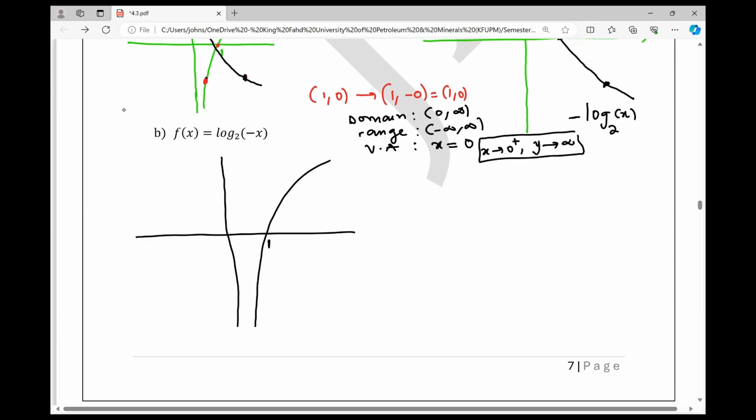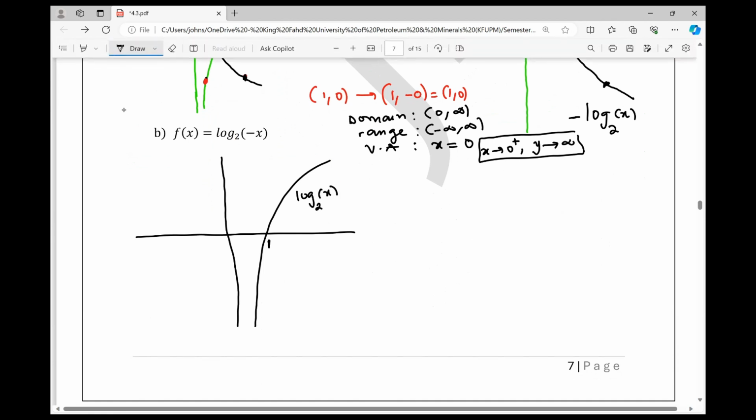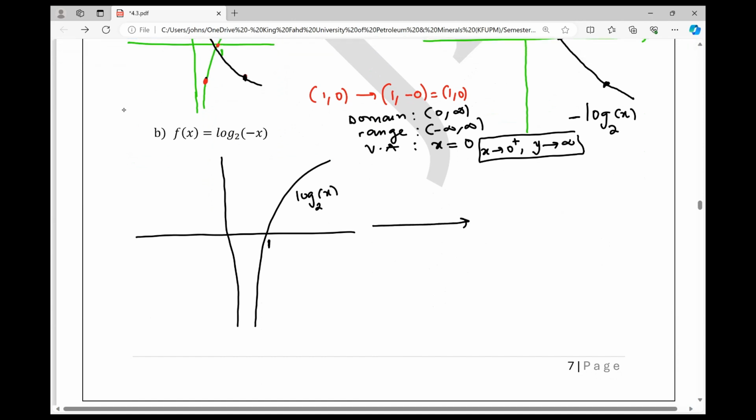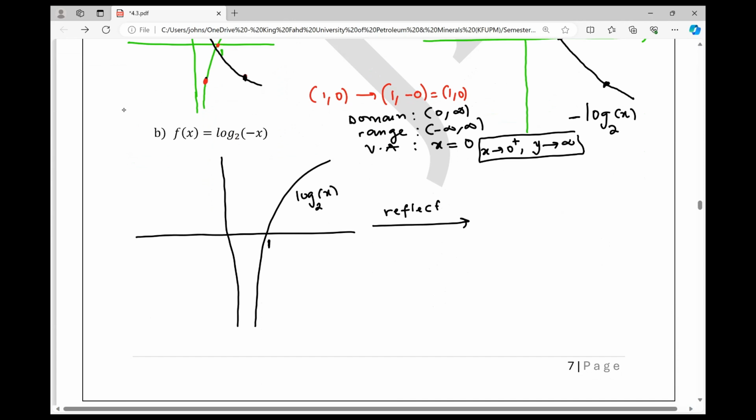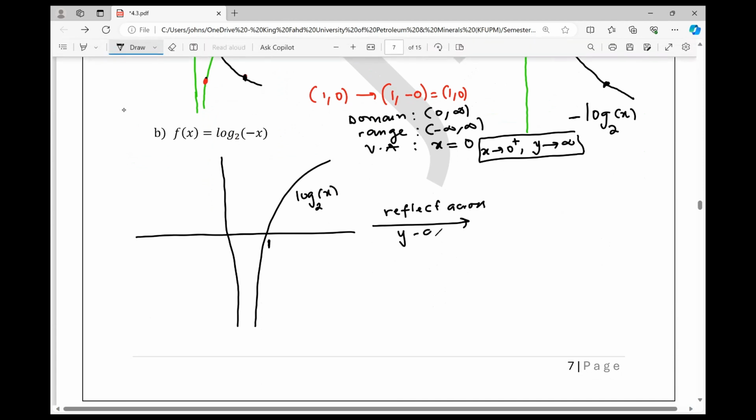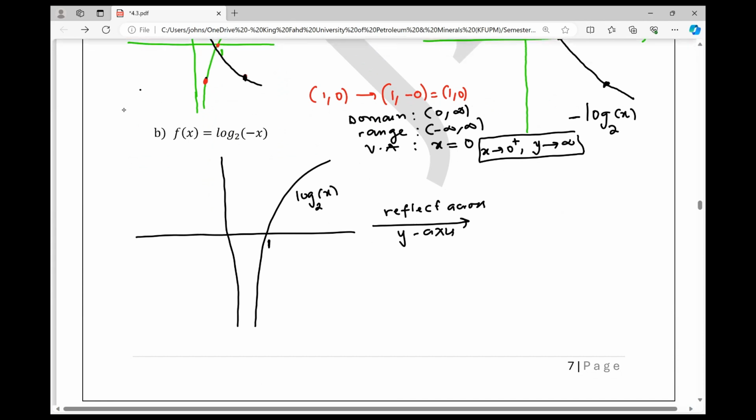Now, here, this is the graph of log to base 2 of x. Now, reflecting across the y-axis, what do you have? It means you just reflect it here.